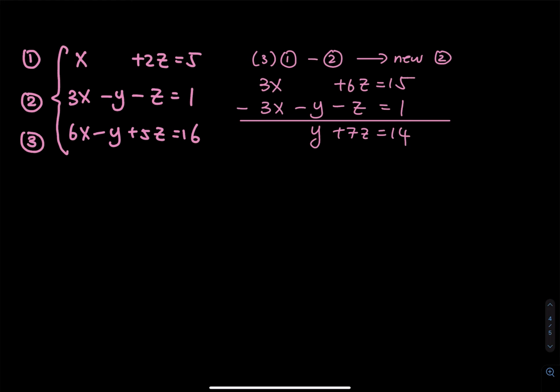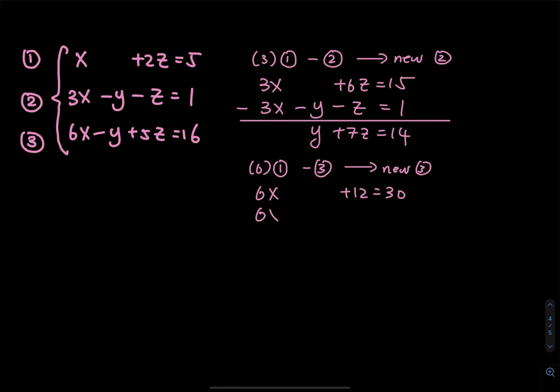And then how about equation 1 and equation 3? So if I multiply 6 on both sides and then subtract equation 3, I can get rid of the x, right? So I'm going to take 6 times equation 1 on both sides, and then subtract equation 3, and then I will call that a new equation 3. Okay, so 6 times 1 is 6, 6 times 2 is 12, 6 times 5 is 30. Equation 3, just copy it over.